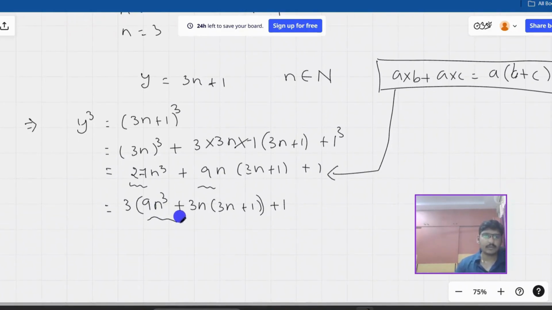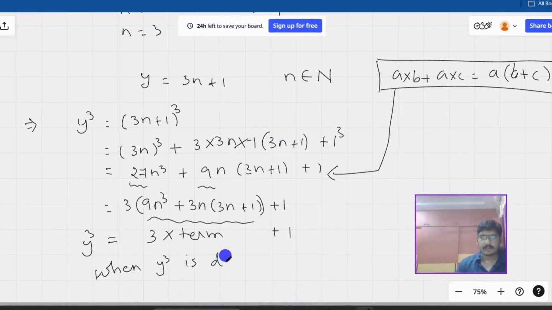Here the whole term is multiplied by 3 and we are getting a plus 1. That means when y cube is divided by 3, we get remainder 1.